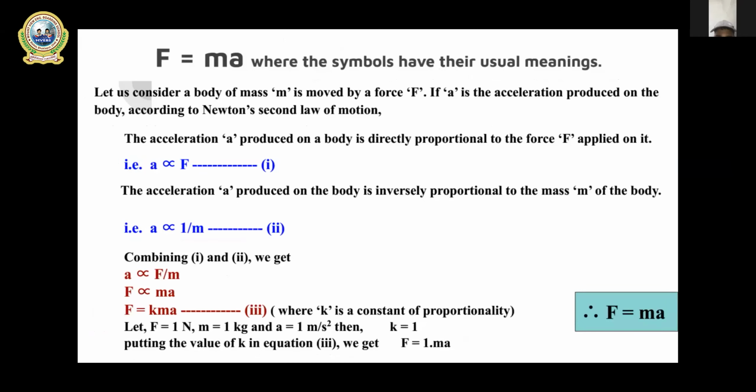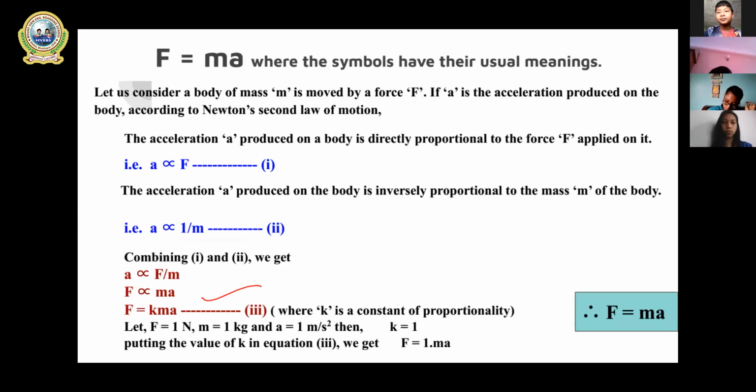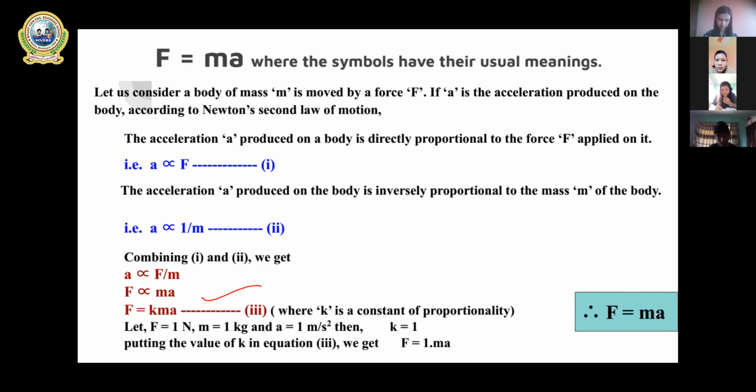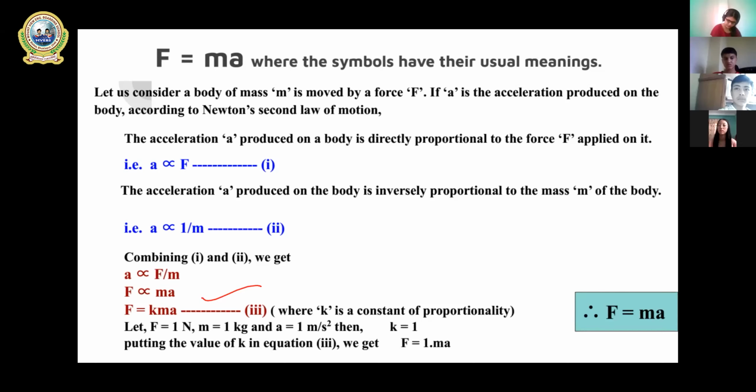Now convert that proportionality into an equation. For that we need a constant, so next step we have F equal to K MA. Here K is the constant of proportionality that changes it into an equation. That is equation 3.